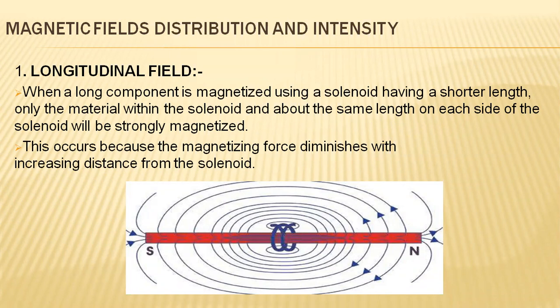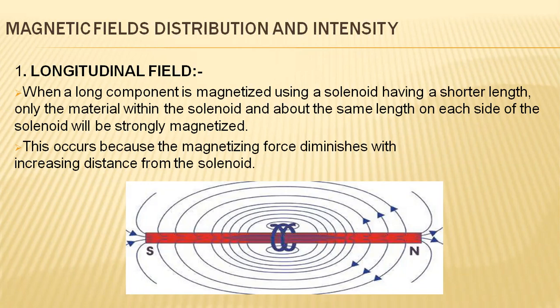The first classification of field generation is the longitudinal field, and the direction of this longitudinal field. When a long component is magnetized, it is obviously limited to a short length, so a wide range of length is not accessed in the case of the longitudinal field.